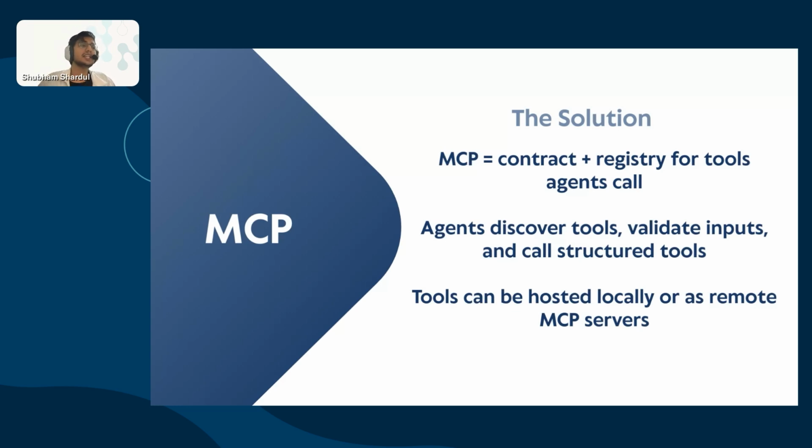MCP is basically a contract along with a registry for tool calling. MCP solves the integration chaos by turning connectors into discoverable, schema-driven services. It provides a single contract, name, input schema, and structured output, that makes testing, swapping, and governing tools straightforward. Agents no longer have to hardcode every connector.